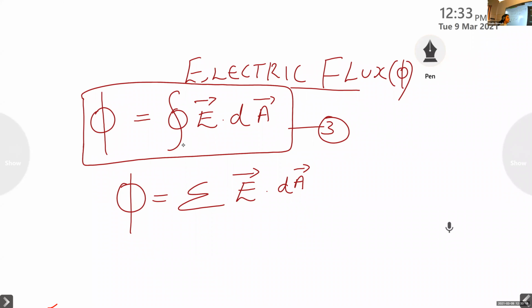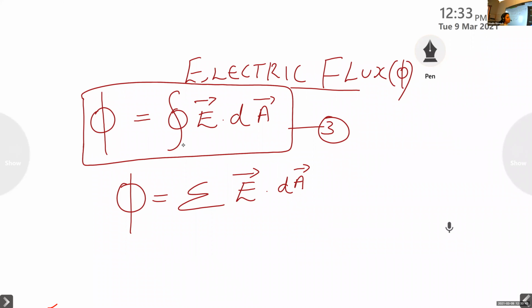It is a dot product of electric field and area. That is the second definition. It is the dot product of electric field vector and area vector. I think Nidhi is ready to say the answer. Nidhi, what about the third definition for electric flux? Are you there?